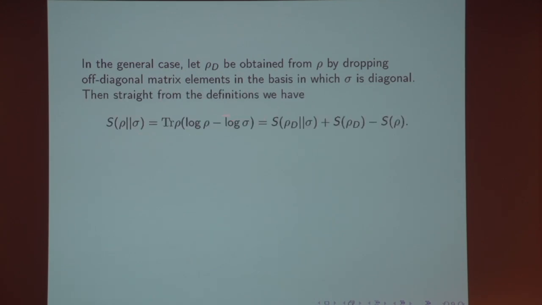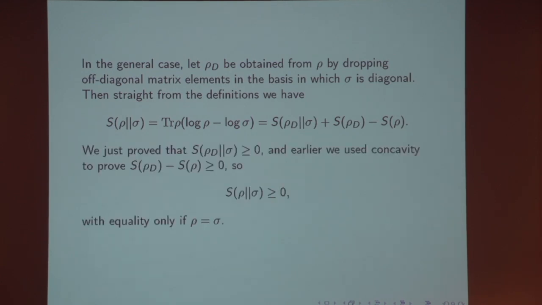Then straight from the definitions of relative entropy and of von Neumann entropies, you'll discover that the relative entropy we want is the relative entropy of two diagonal things plus a correction involving von Neumann entropies. But we just proved an inequality for the von Neumann entropies a little while ago using concavity. And we proved on the last slide that this is positive. So it follows that relative entropy is positive in general.